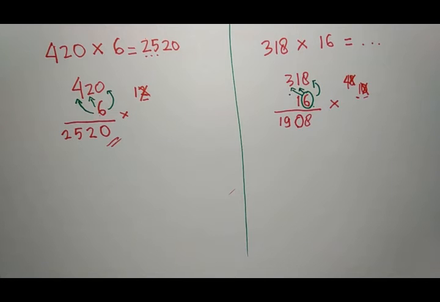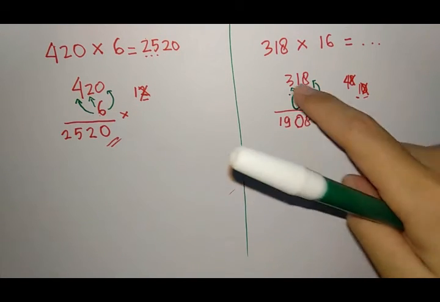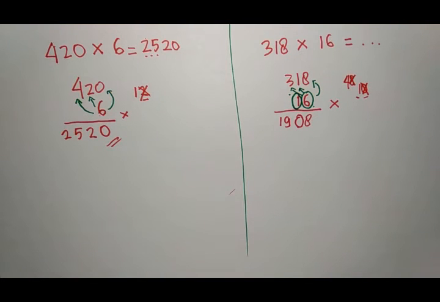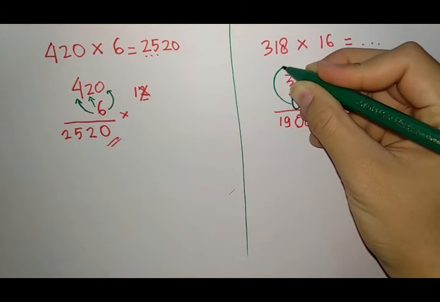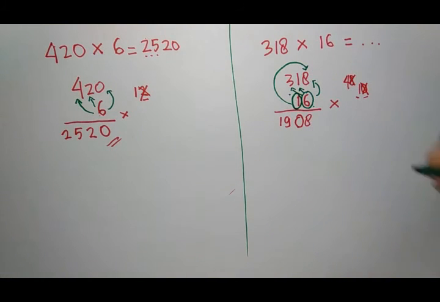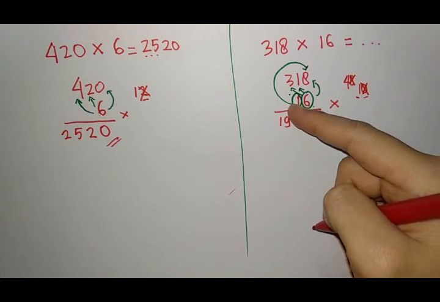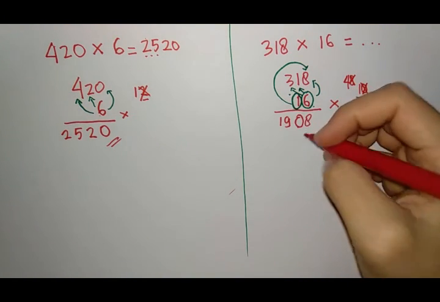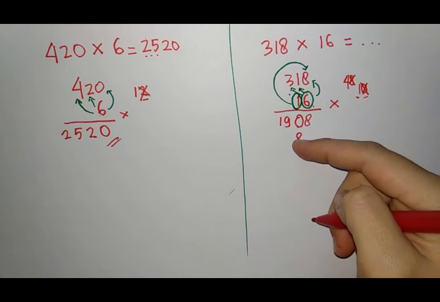After we finish the 6, we have to move to 1. Always multiply from the right to the left. So first we have to multiply 1 by 8. 1 times 8 is 8. Good. But remember, 1 is in the tens position, so you have to put 8 under the 0 in the tens position.